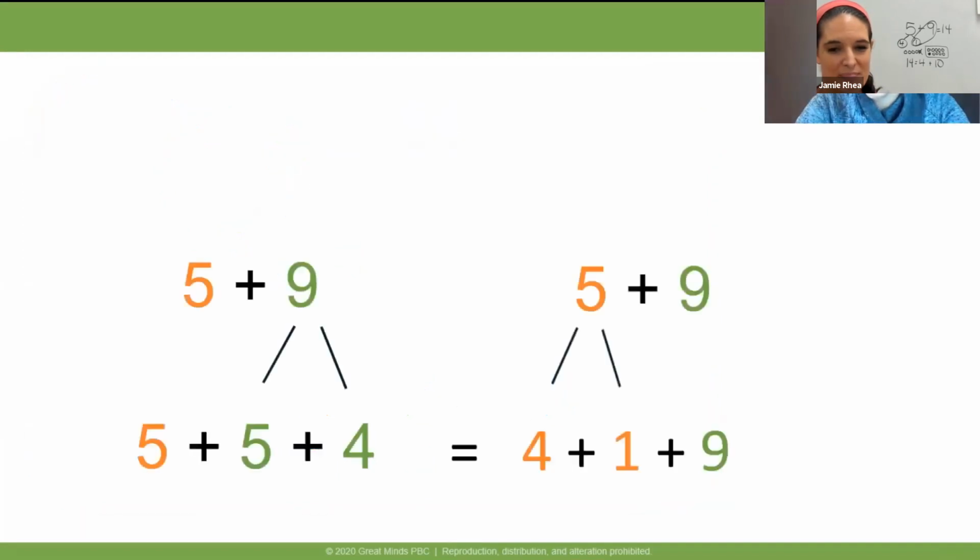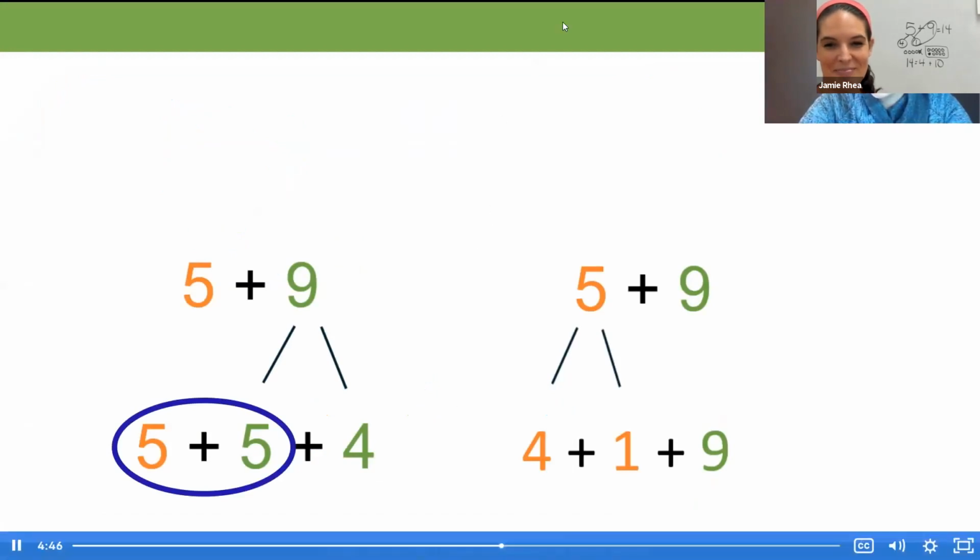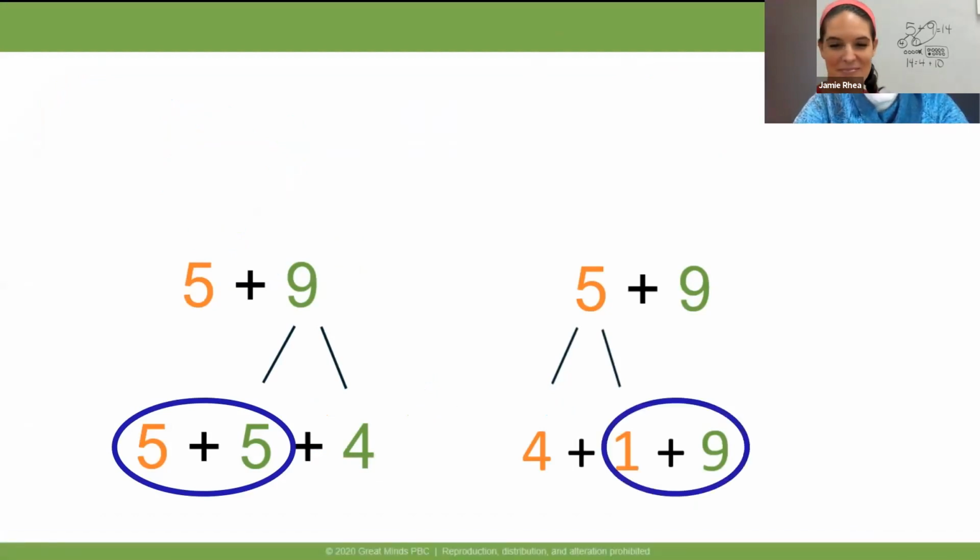We broke apart the numbers. I broke apart the 9 into 5 and 4. So really I added 5 plus 5 to get 10 and then 4 more. And you broke apart the 5 into 4 and 1. So really you added the 1 and 9 together first to make 10 and then added back the 4.